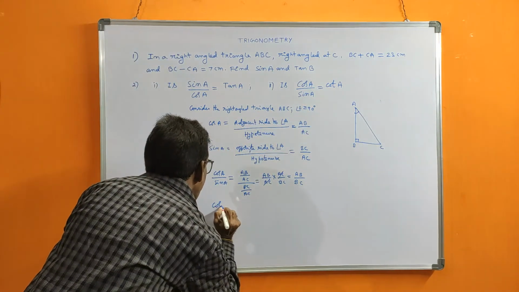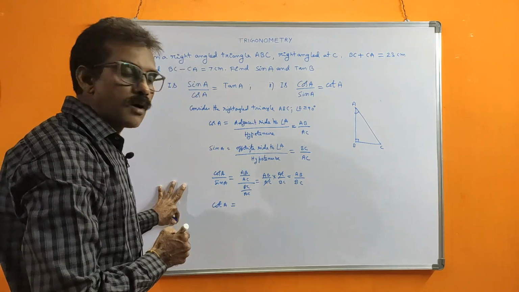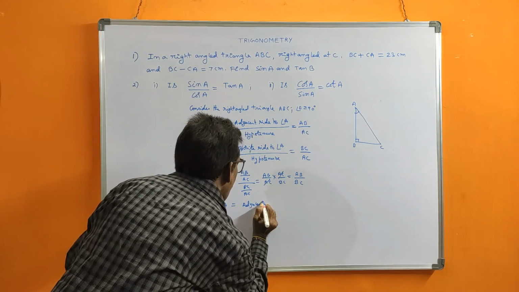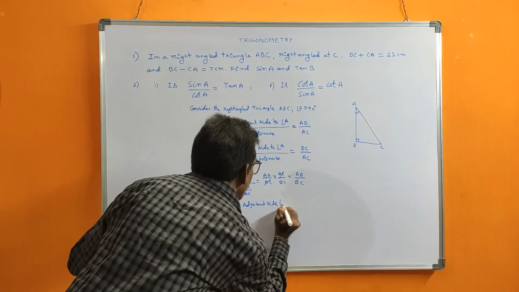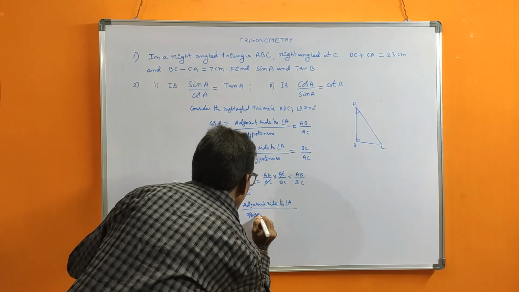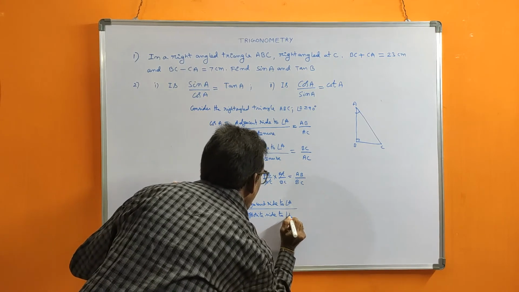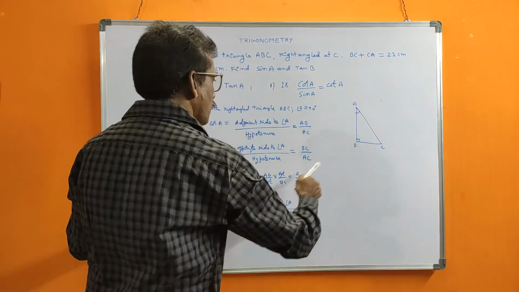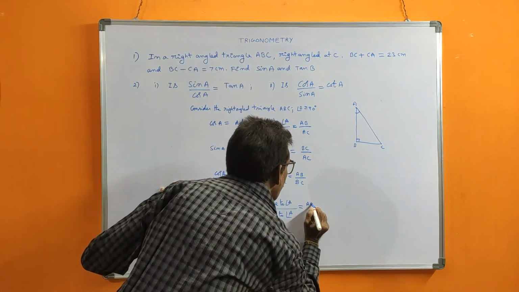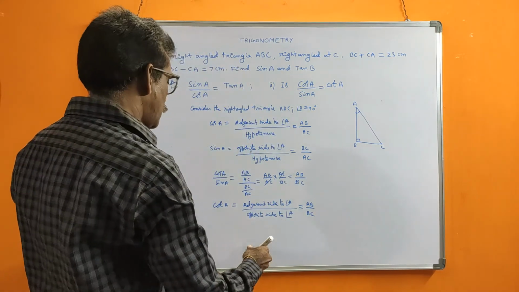Now we should write for cot A also. Cot A formula is adjacent side by opposite side. So cot A is adjacent side to angle A by opposite side to angle A. For A, adjacent side is AB and opposite side is BC. Now you check.